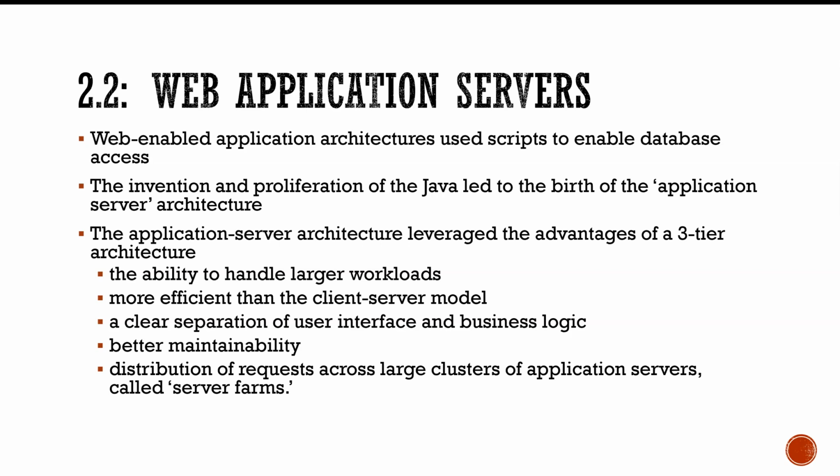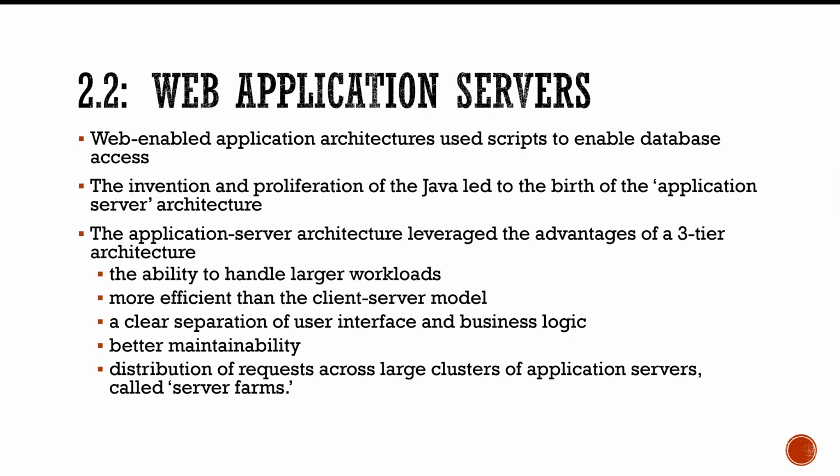Application server architecture takes advantage of the three-tier architecture that we talked about in Chapter 1, where you have a client, you have the business logic, and you have the data layer. Three layers: the client, the business, the data.